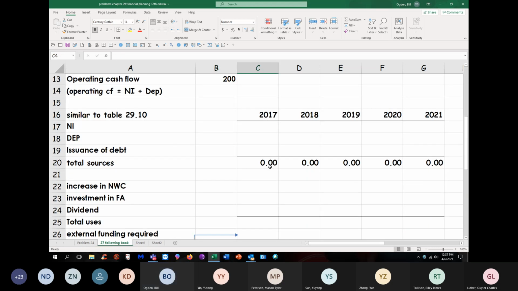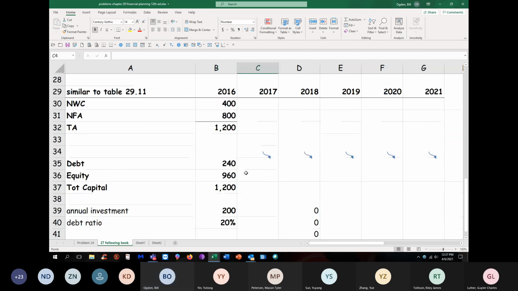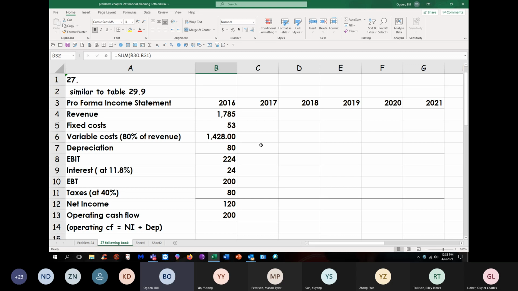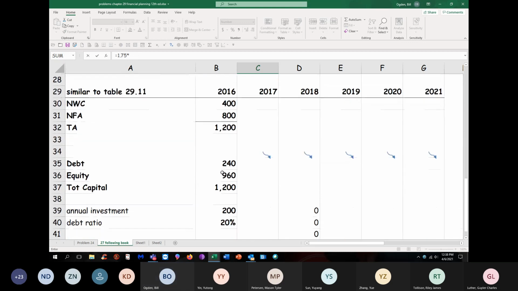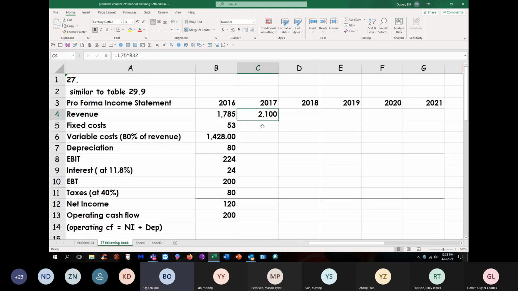From what we're given, we know that we have assets in place of 1,200, and it will generate $1.75 for every dollar of assets in place. All right, and let's get that. Depreciation is equal to the 53. That was part of the story. Sorry, fixed costs are fixed in this range of revenues.